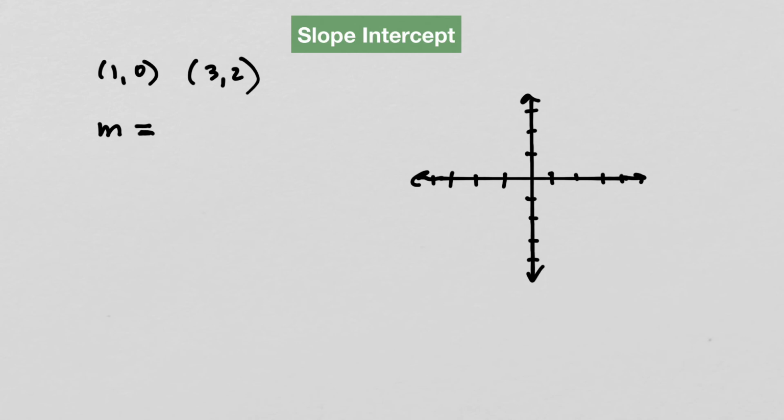And m represents y2 minus y1 over x2 minus x1. This is really the change in y over the change in x. This triangle sign represents the word change, or delta. It's a Greek symbol for the letter D, or delta, which represents change.